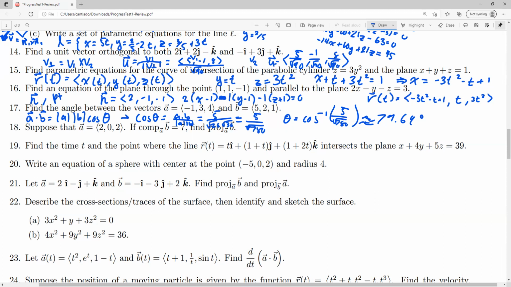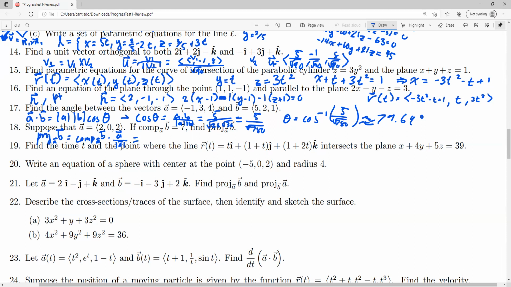If you remember in one of the previous problems, let me look at the numbers so I can find it. Problem 5, we remember that we can use this formula for projection, the one that involves the components. So the projection of B onto A is the component of B onto A times the vector A over the magnitude of A. We can take advantage of this because we know what the component of B onto A is as a scalar, so that makes it a lot easier.